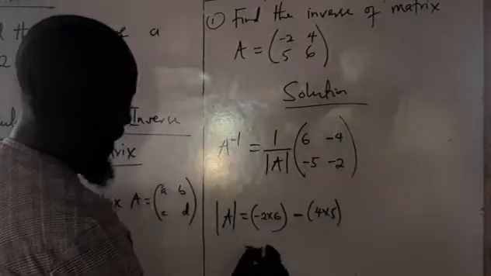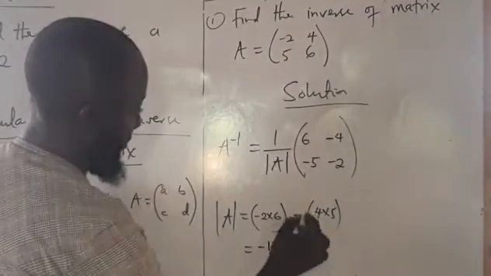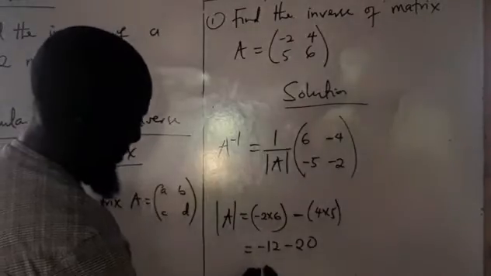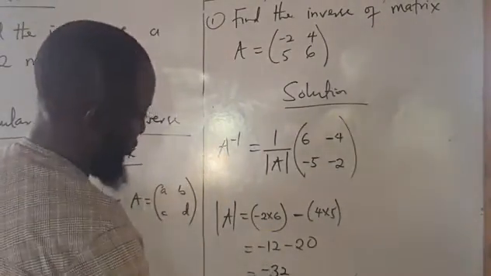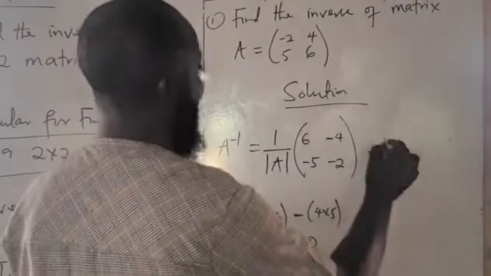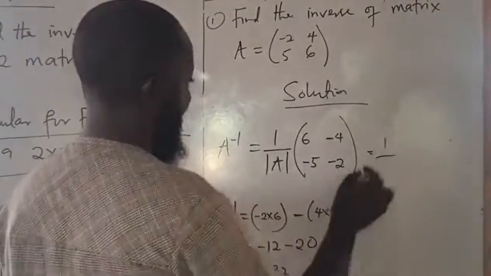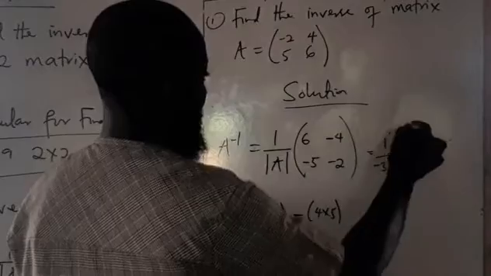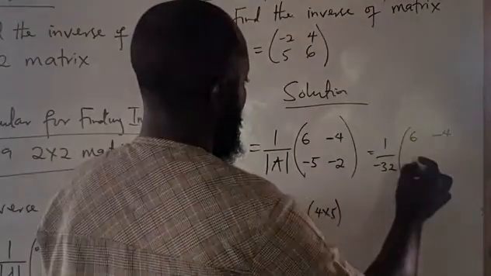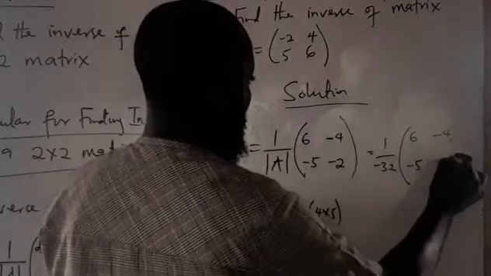So that means we're going to have minus 12 minus 20. So that gives minus 32. Which means we now come back to this formula, which is 1 all over minus 32 into 6, minus 4, then minus 5, minus 2.